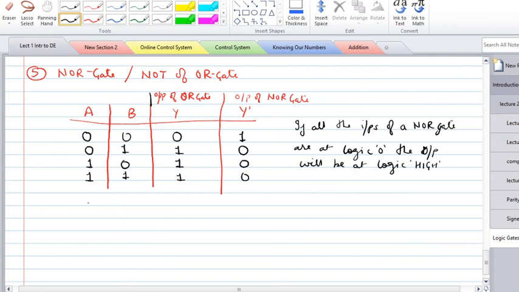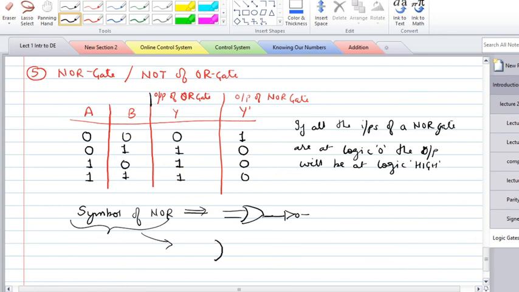Okay, now if we look at the symbol, then the symbol of NOR gate will consist of both an OR gate and a NOT gate. So if we look at the collective symbol, then it looks like this. Where this is your OR gate, this is your NOT gate.